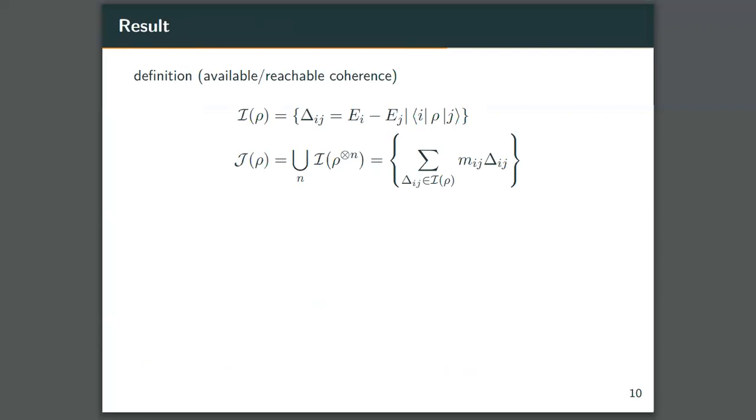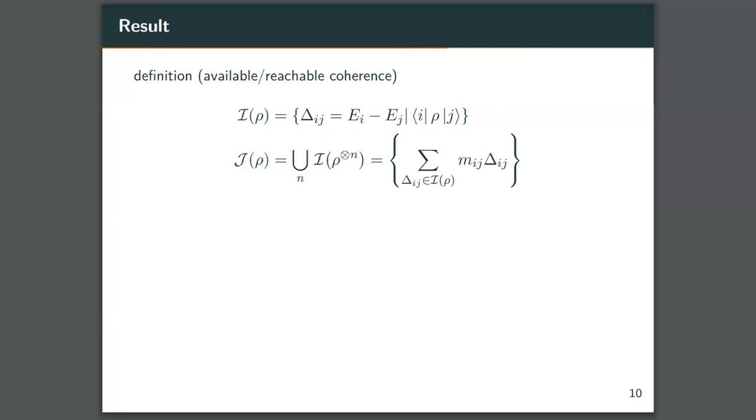This is the set of energy level pairs for which the off-diagonal part of rho is non-zero. Let's call this the available coherence, and let's call this other funny thing, J, the reachable coherence.